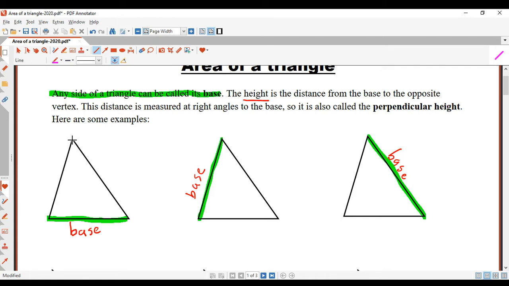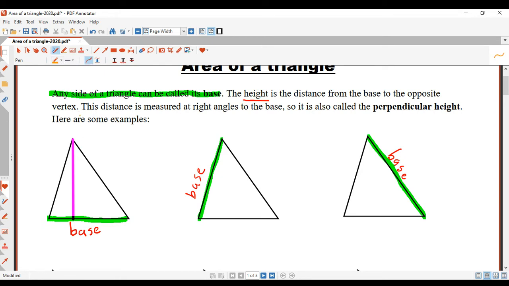Okay, so let's draw, starting from the base. I'll start from the corner here. That's the opposite corner. I'm going to draw a 90-degree line. So it's going to be a line which is vertical to the base, and it touches the opposite vertex.